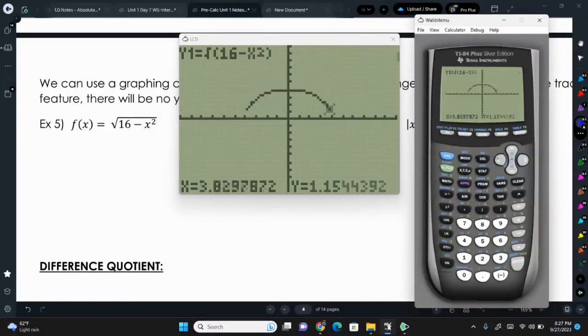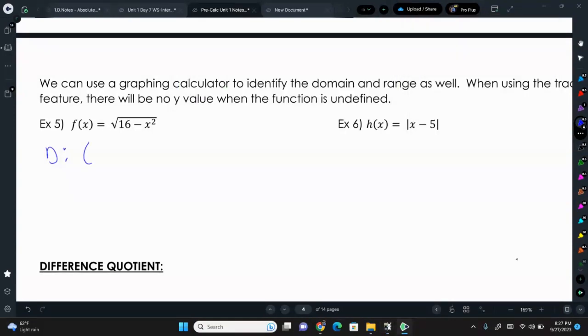So that means that the biggest x value we could have is 4, and the smallest x value will be negative 4. So our domain is negative 4 comma positive 4.